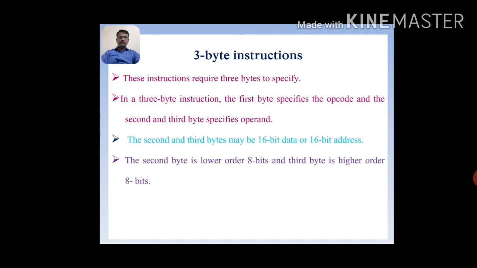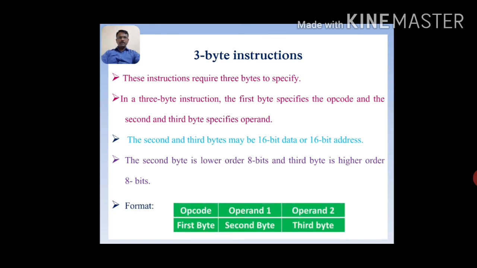For example, if it is a 16-bit address, then the second byte is the lower order 8 bits of the address and the third byte is the higher order 8 bits of the address. If it is 16-bit data, then the second byte is the 8 bits of LSB, least significant bits, and the third byte is the 8 bits of MSB, most significant bits. The format of this instruction will be opcode, operand 1 and operand 2, meaning the first byte for the opcode, the second and third bytes for operand 1 and operand 2.